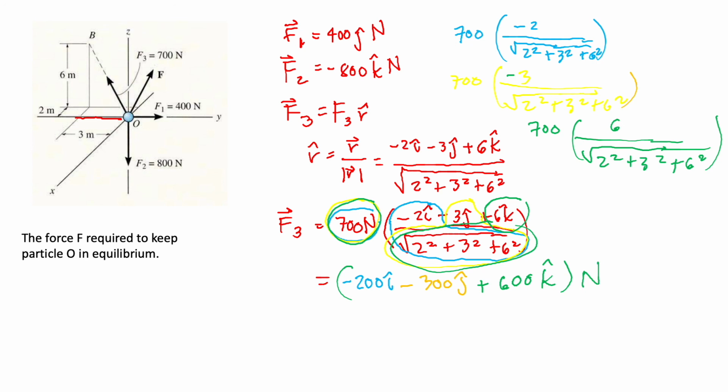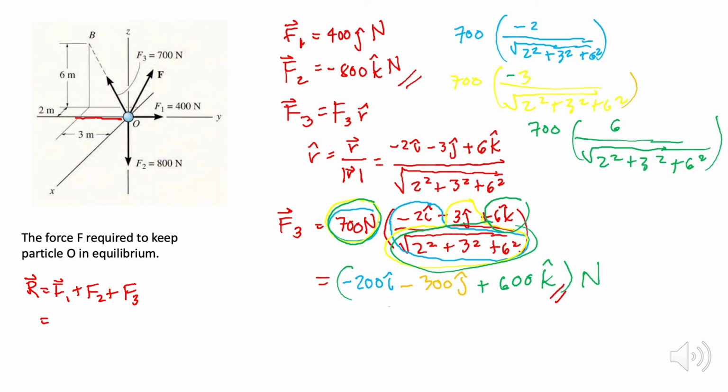So to calculate the resultant vector R, that is equal to F1 plus F2 plus F3, and to calculate that we have to add the common components. For example, j hat we combine with j hat, and k hat with k hat. Notice that only F3 has an i component.